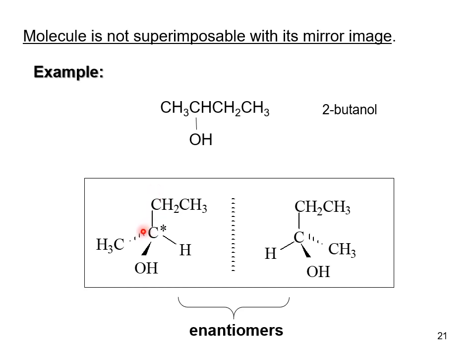Remember the dash points out, and the black wedge points in. So you have to draw a mirror over here and then reflect: CH2CH3, hydrogen, OH, and then CH3. It's up to you, both are acceptable, as long as it is a mirror image.